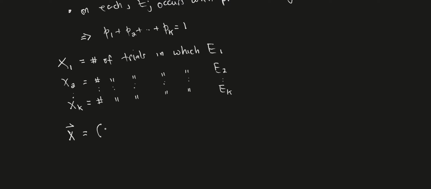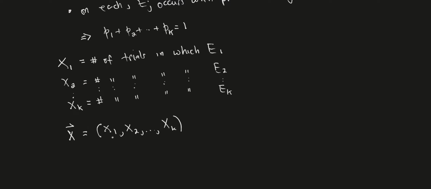So now you could say, I'll use my vector notation and think of it like this. So it's a vector where the first variable counts the number of times the first event occurs, and then your second component in your vector counts the number of times that event occurs, and then you go up to x sub k.